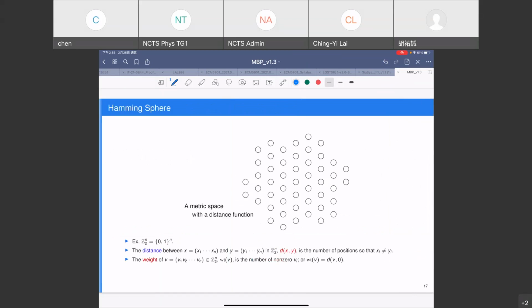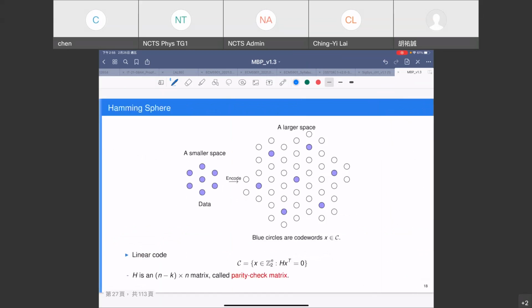Suppose in a small space we have these data points. So we will encode this small data set into a larger space. So in this larger space, I choose this blue point to represent the original data.